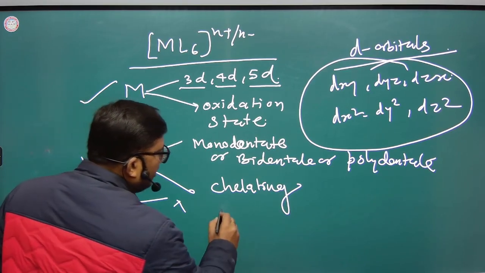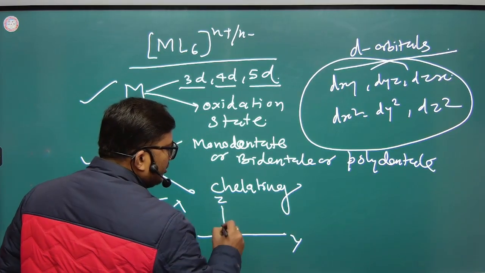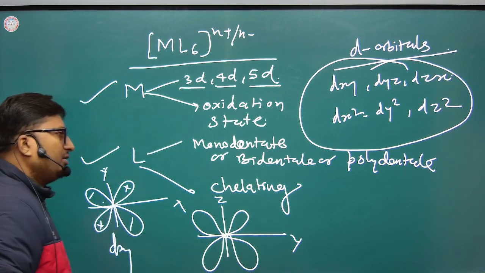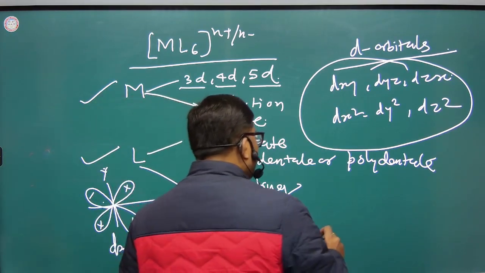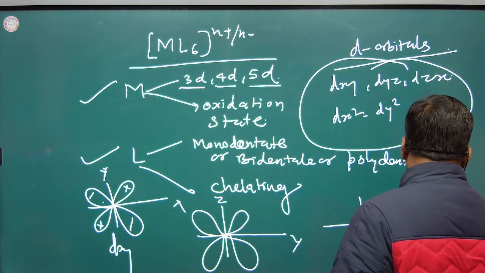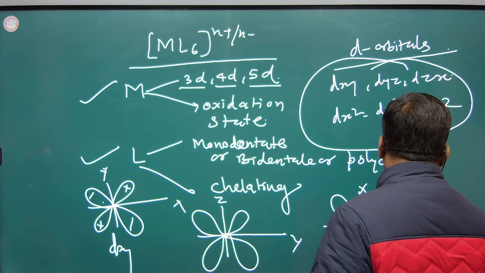Similarly dyz, this is y and z, and it looks like that. The shape of each d orbital is dumbbell. This is dzx, this is z and x, and it looks like that.